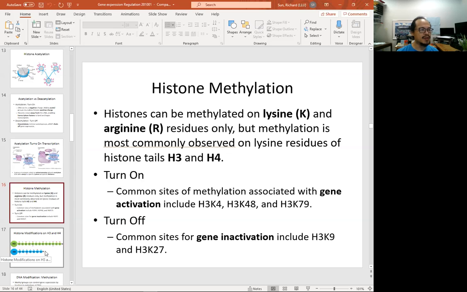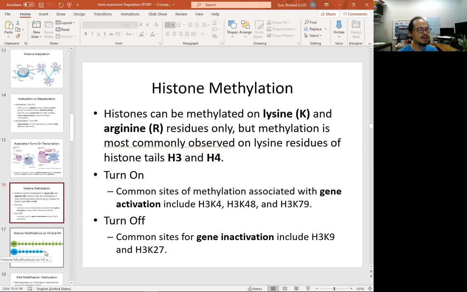What you really need to know is that the majority is added on the H3 and H4 tails. And there is no distinct difference in whether it must turn on or turn off the gene. It will turn on in some situations, and it can be turned off in some situations.